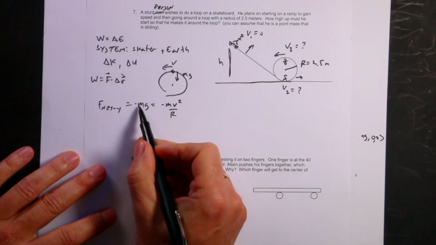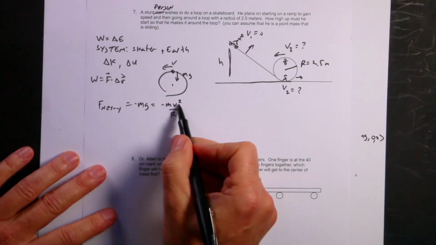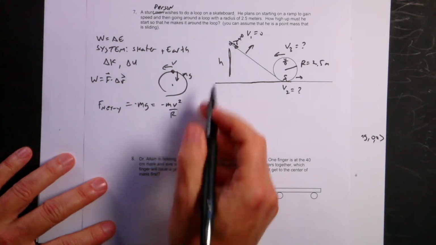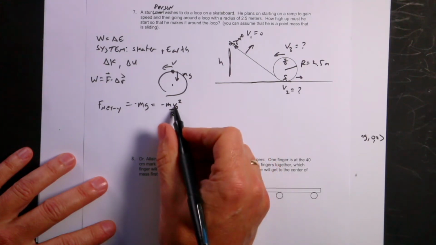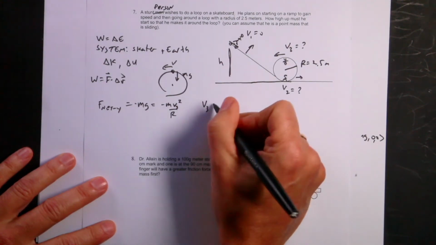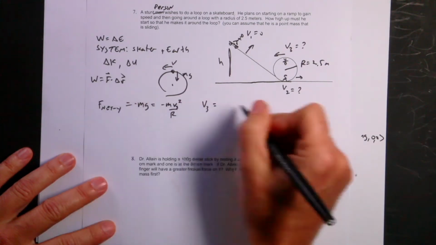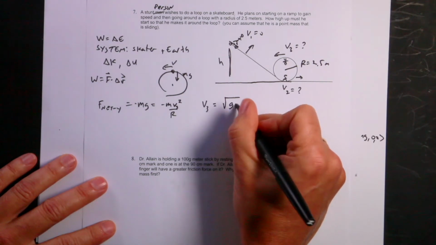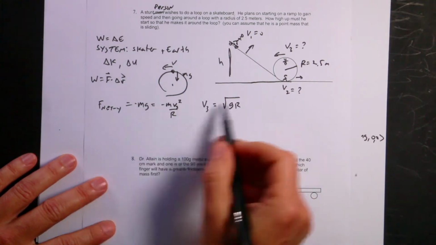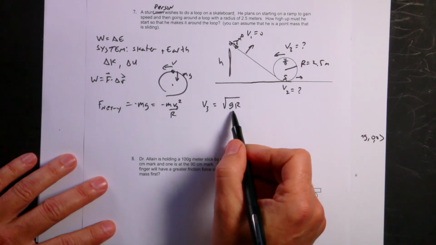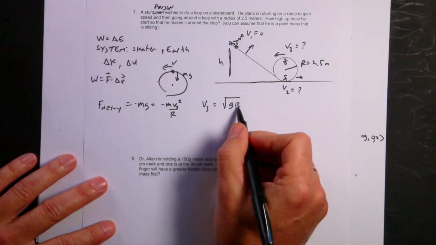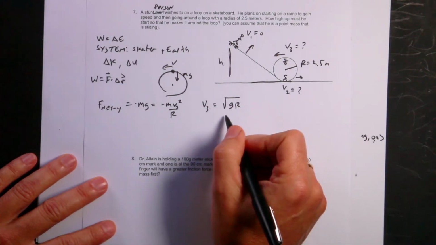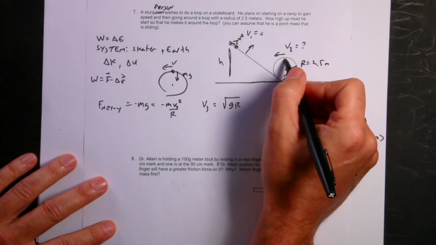This is the only force acting on them. The v squared over r is the acceleration of an object moving in a circle. So that's v3 right there. I can solve for what v3 has to be. The masses cancel, the negatives cancel, and I get v3 equals the square root of gr. Is that right? G, yeah, meters per second squared. So that's the velocity. That has to be true in order to be still moving in a circle.